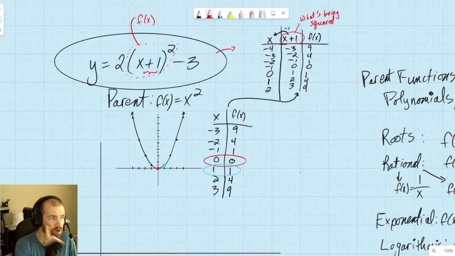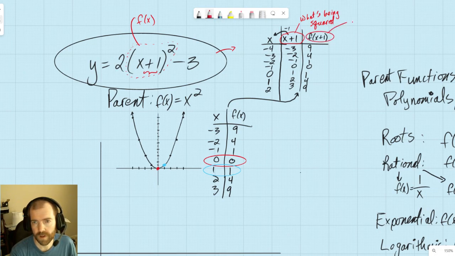So this is the term that's being squared. So we got here x plus 1. That's what goes there. And I didn't do this properly. It's not f of x. It's f of x plus 1. So this is the squares being output.